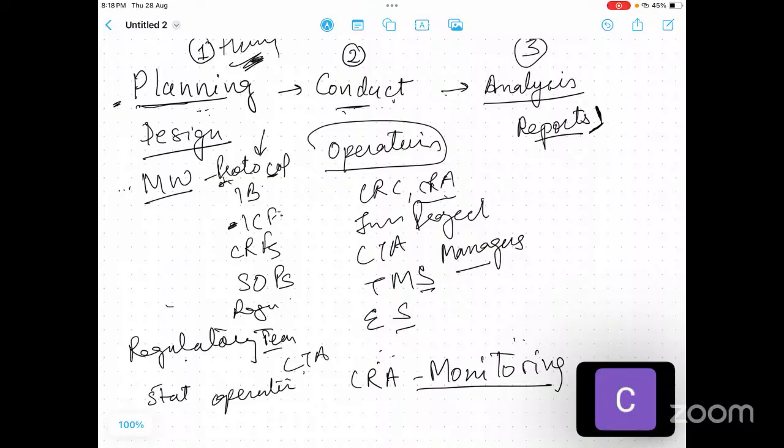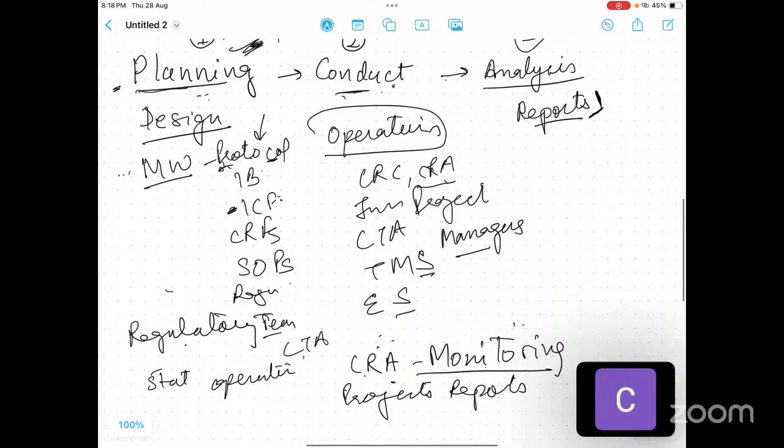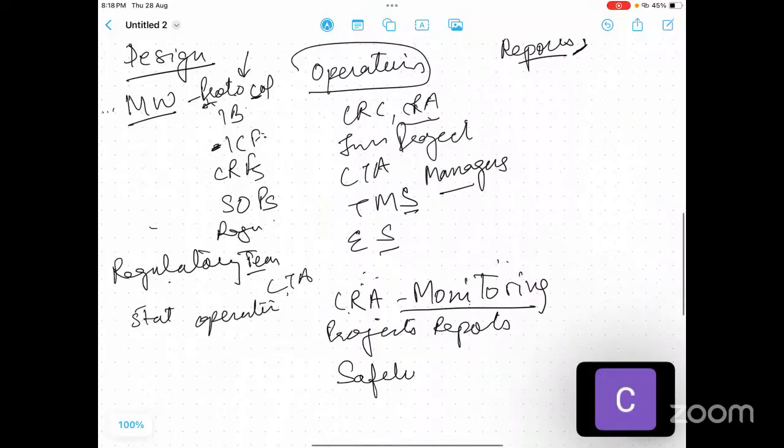Again, you need not worry about how you will prepare these documents. We already have structured templates. So monitoring reports are prepared. What else is prepared? Project reports, safety update reports.